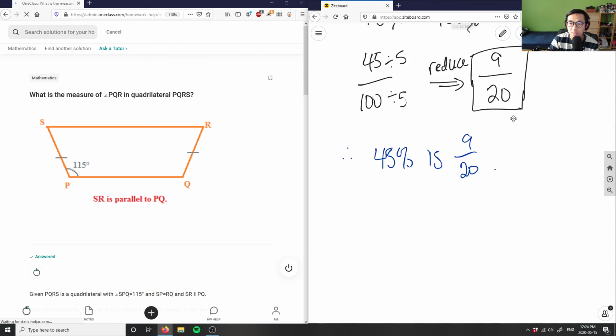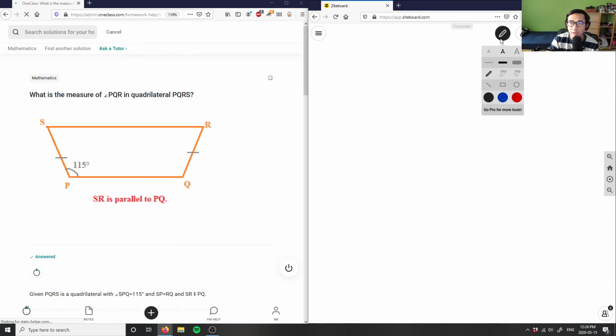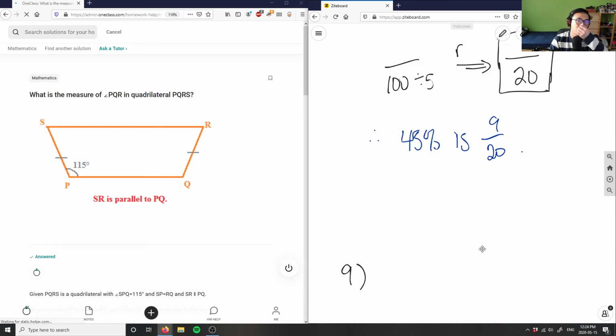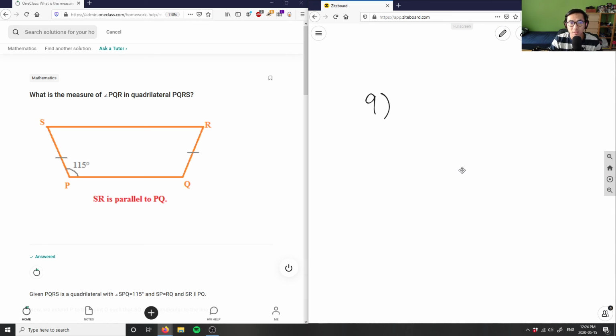That was number 8. Number 9, we're looking at what is the measure of PQR in a quadrilateral PQRS. So number 9 here. So I have some type of quadrilateral. I don't know if I should redraw this here. Yeah, maybe I will.